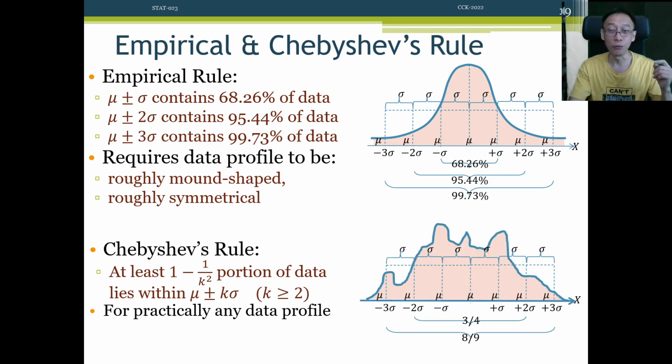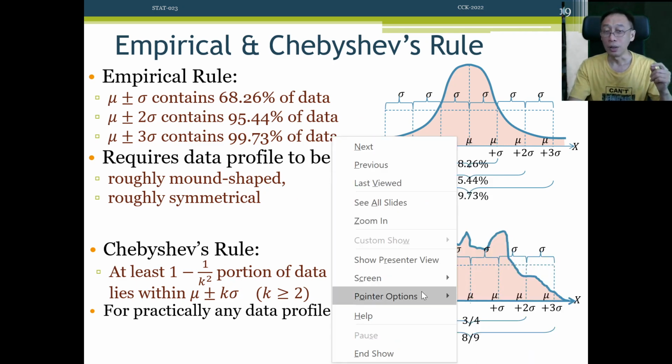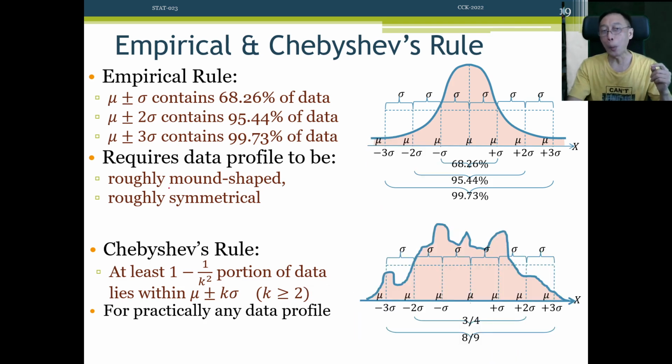But again, there's no free lunch. You have to satisfy two conditions, right? So the data set has to be roughly mound shaped. That means it's kind of a lump, all right? So it's roughly mound shaped and roughly symmetrical about the mean, of course.